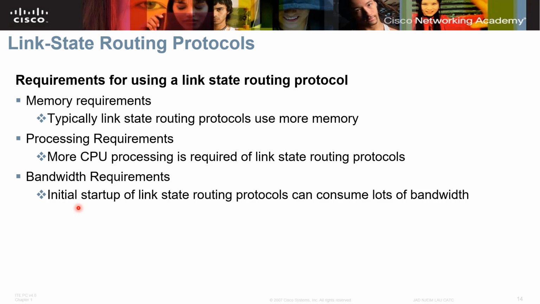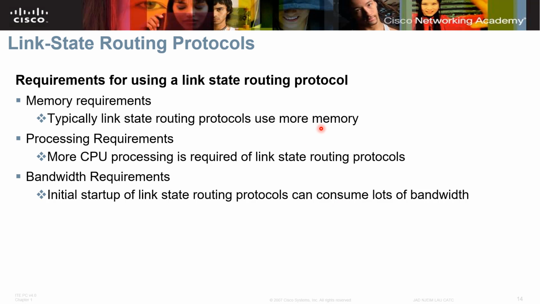As for bandwidth, at the beginning I need more bandwidth because of flooding: I receive the data and flood it to all other nodes. This flooding consumes more bandwidth at the beginning to exchange link state information and build routing tables.